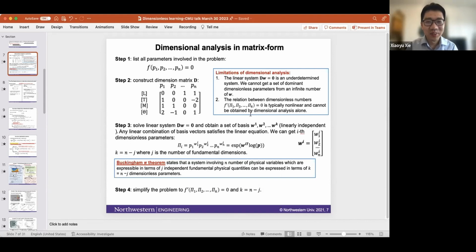Yeah. So the key idea is, from the beginning, we have n parameters, and each parameter has its own dimension. For example, if only the first parameter and second parameter involve a dimension of length, and we try to find a dimensionless number, we definitely need P1 times P2 or P1 over P2. We need to have some constraint on this. So if we try to do this, we definitely need to use a power law.